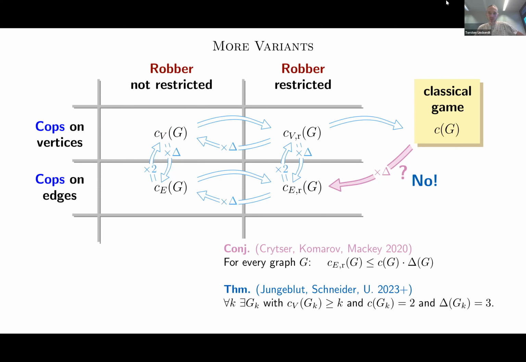So it's not only that a factor times delta doesn't help you, any function of delta and the classical cop number doesn't help you. Not even delta to the cop number, or the cop number factorial. The classical cop number can be as low as 2, and the maximum degree can be as low as 3.